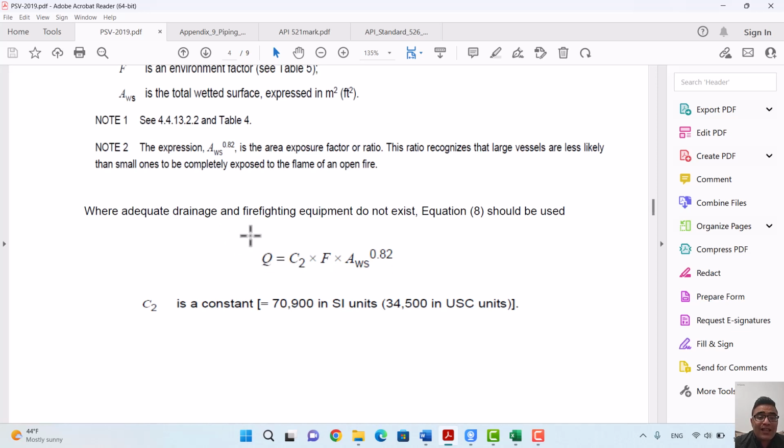In order to calculate this equation, to calculate the total heat, we set C2 to this value for SI units. F here, based on the table I showed you, is considered to be 1, and we have to calculate the exposure area. For calculation of exposure area, I'm going to show you a formula.